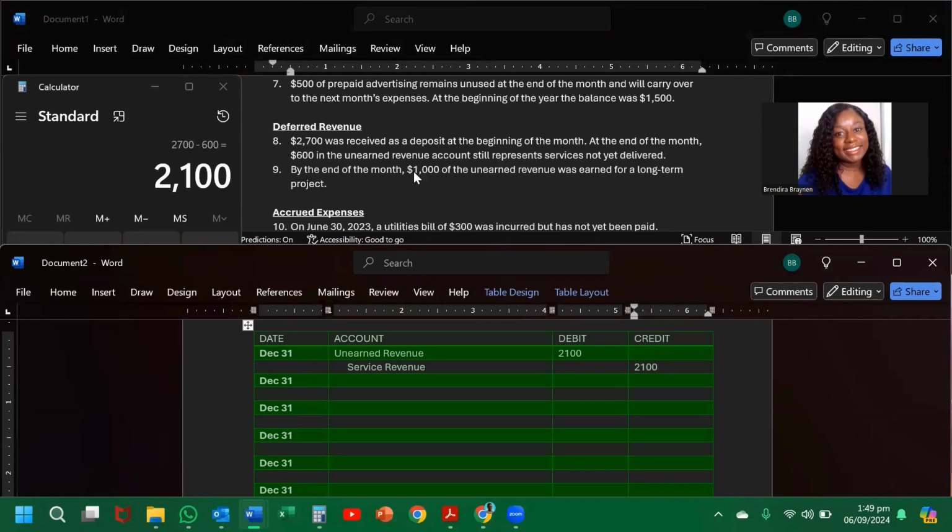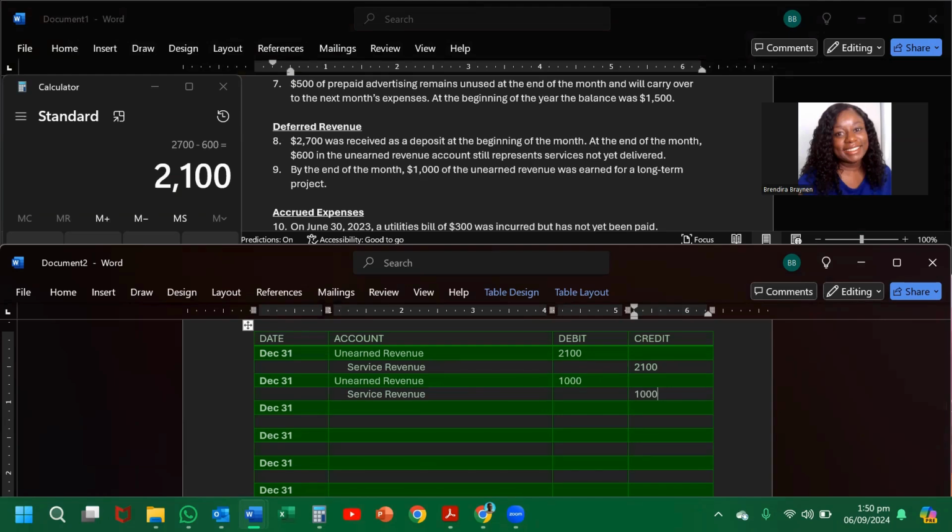They're telling us 1,000 of it was earned, so we don't need to calculate how much revenue we're now recording. It's given to us. Like I said, in similar nature, these are the same transactions. The same unearned revenue account is going to be debited, and the same revenue account is going to be credited. The difference is the amount is $1,000.